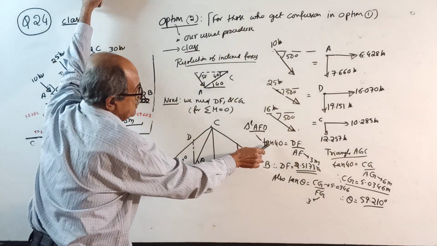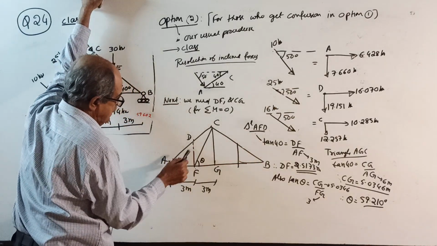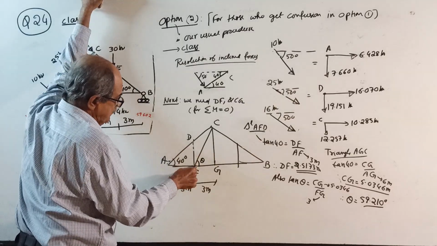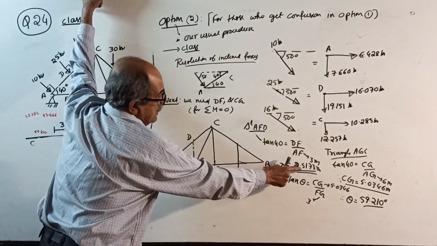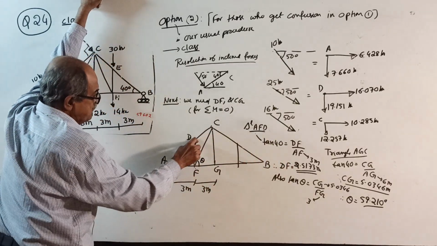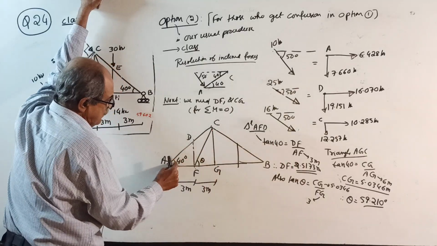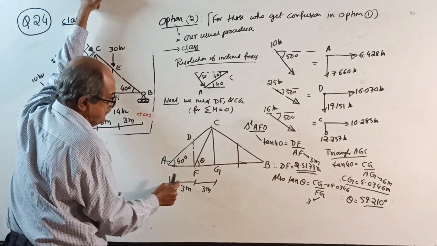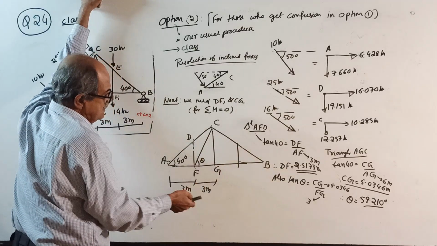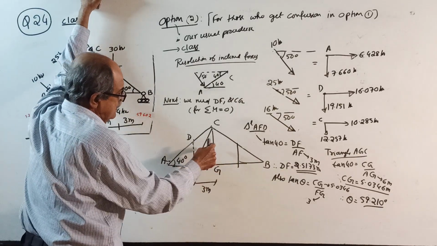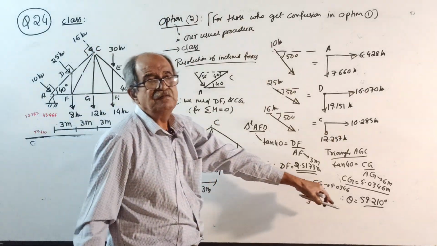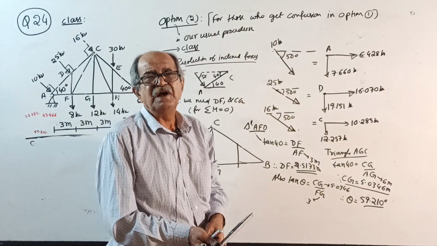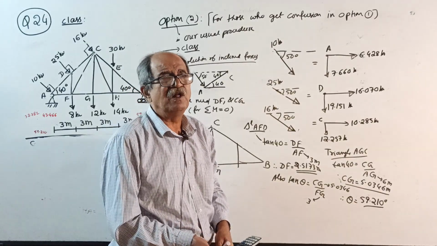Tan 40 equals DF divided by 3 meter. You get this height, 2.5173. And consider this triangle: tan 40 equals CG divided by 6 meter. You get CG. Lastly, you require theta: tan theta equals CG divided by 3. Get the theta. I should have told all this faster.